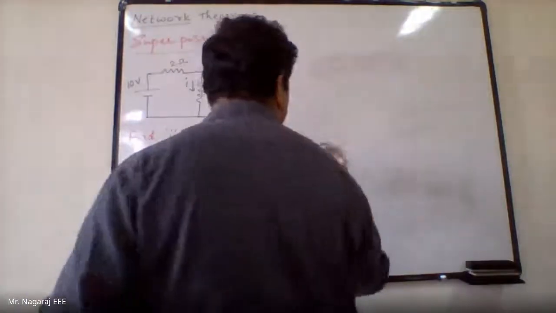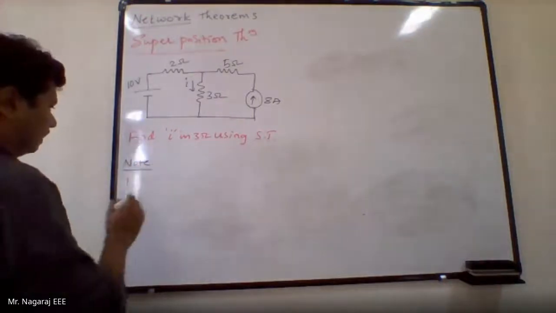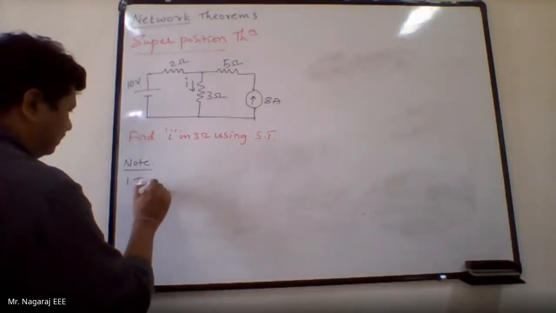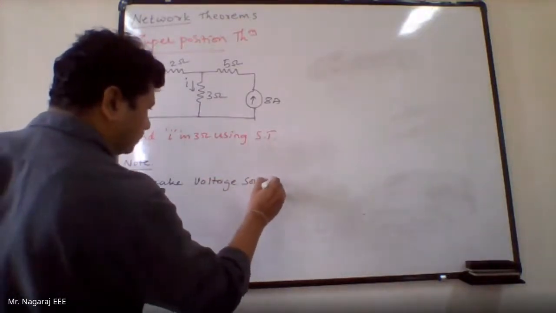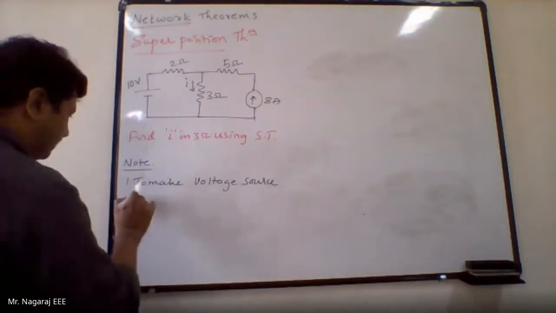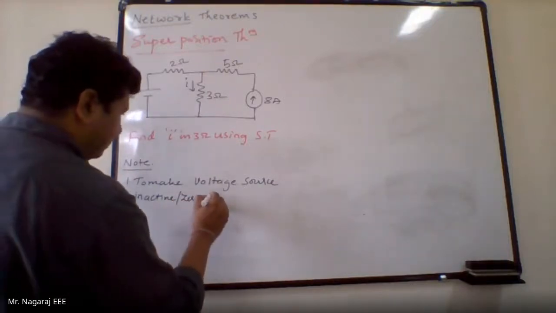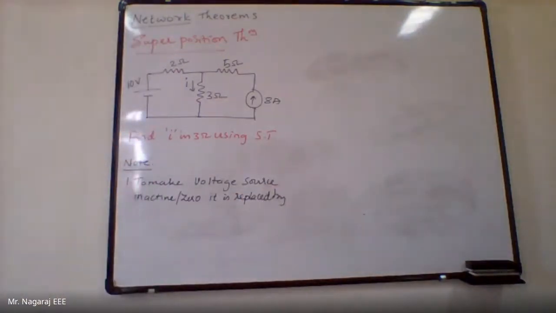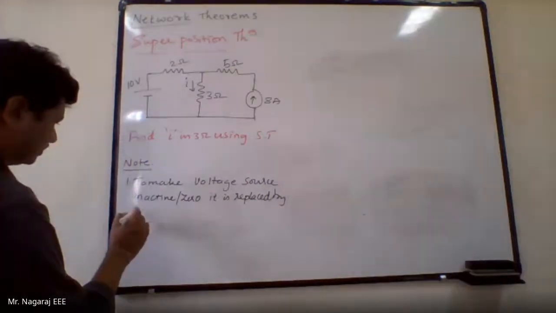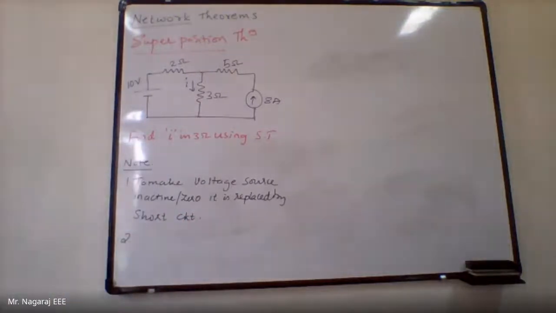You can take a note. To make a voltage source inactive, or zero, it is replaced by a short circuit, because the voltage across a short circuit is zero.